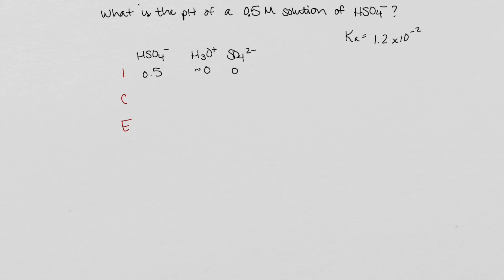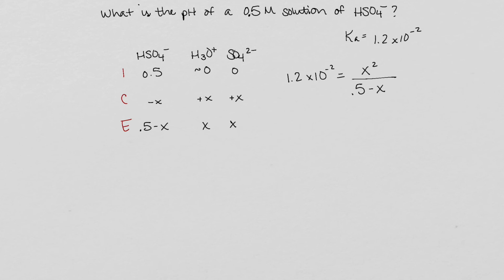And then we'll have our minus x, plus x, plus x, 0.5 minus x, x, and x. So then we can set up our equilibrium expression. 1.2 times 10 to the negative 2 equals x squared over 0.5 minus x.